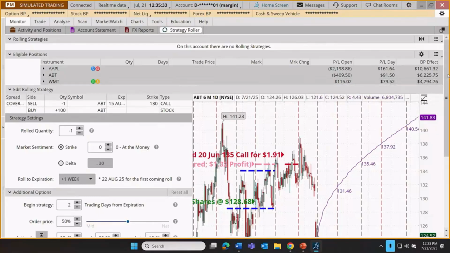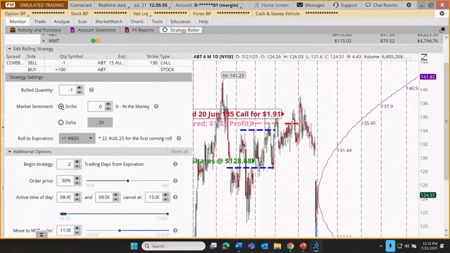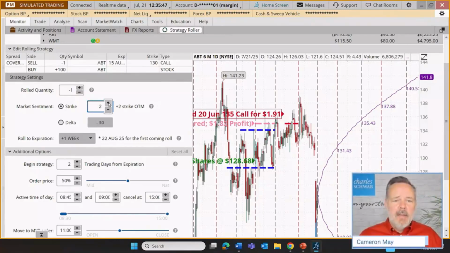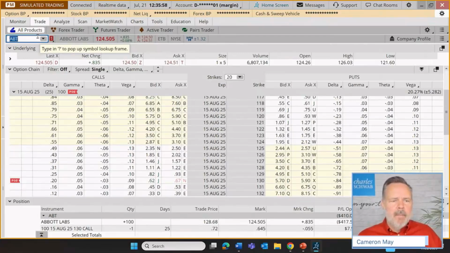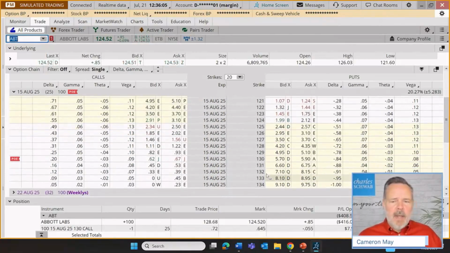Next thing we can decide is which strike price we'll be rolling to. Our strike can either be chosen as just being a certain number of strikes in or out of the money. So if we go up the chain, that tells the system, hey, go to the 3rd strike out of the money or the 2nd strike out of the money. If we were to go to the trade tab here and we brought up ABT, let's see our current position on ABT.